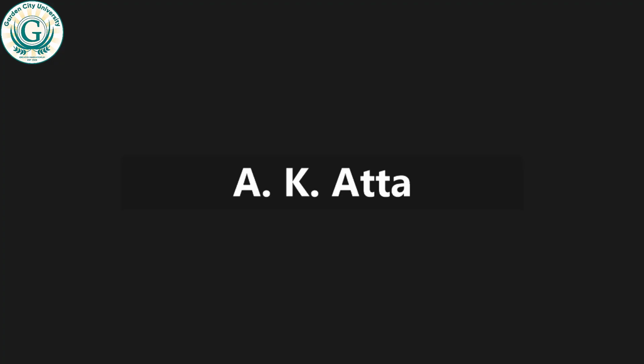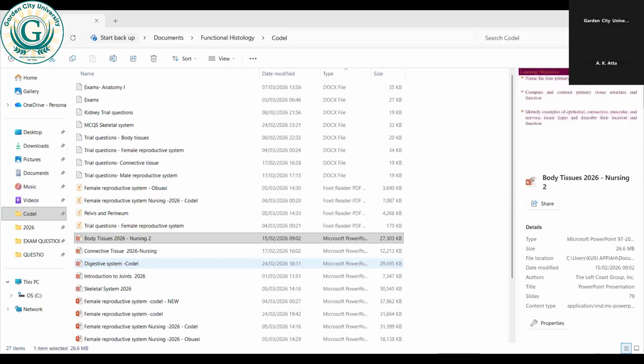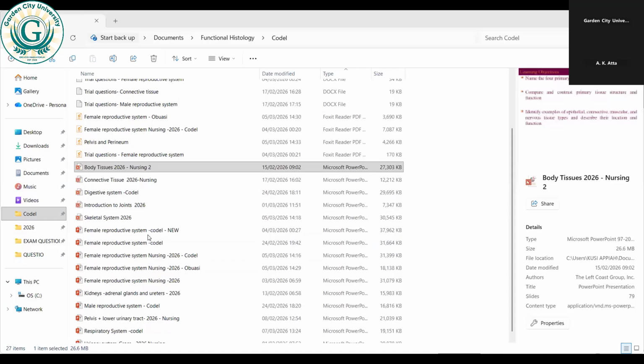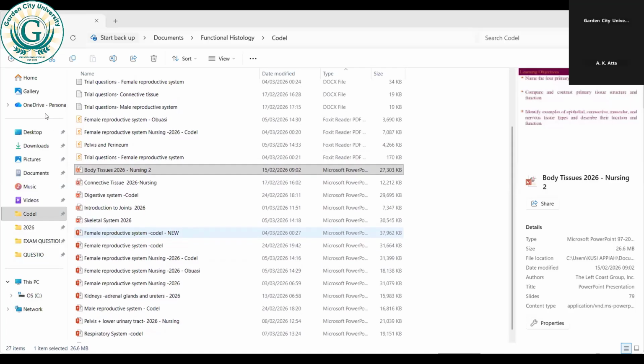Now I actually have some notes on what I call the joints of the body. I don't have them here.